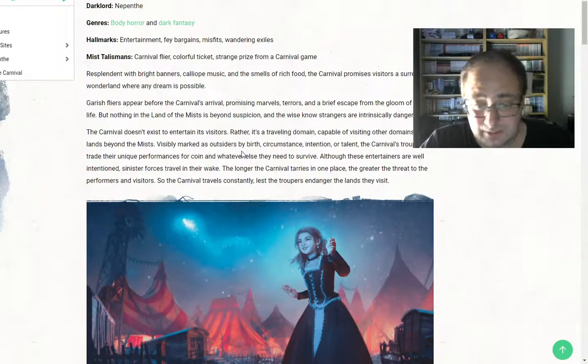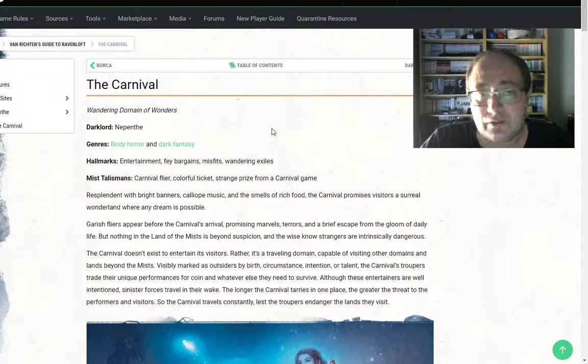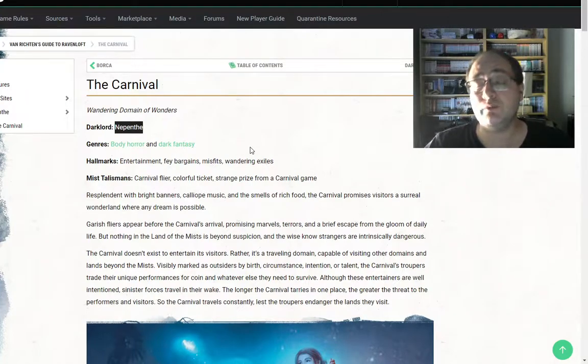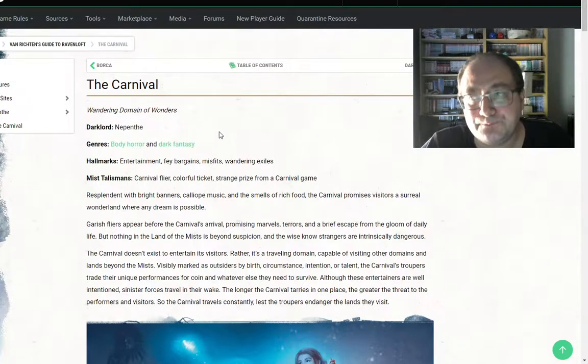Speaking of Dark Lord, let's talk about the Dark Lord. The Dark Lord of this domain is another unique Dark Lord, except this time in the sense that it is not a person. It is actually a cursed intelligent item, which I think is really cool. It's a cursed intelligent sword. It's very, very powerful. It grants its wielder great powers, but it is very, very evil.